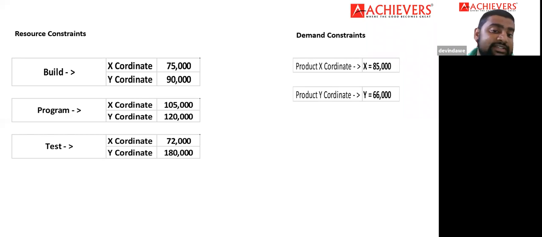Then on the other side, we assume that the entire resource is allocated to only product Y, how many Y units can we produce? 90,000, right? So at 90,000 Y coordinate, the number of X units has to be 0, isn't it? Because the entire resource is allocated only for product Y. Clear? So that's the logic.